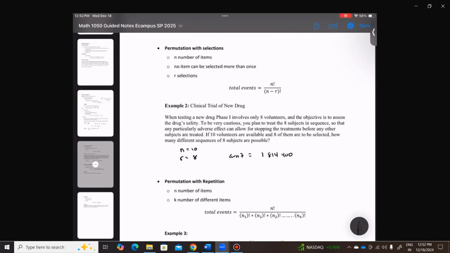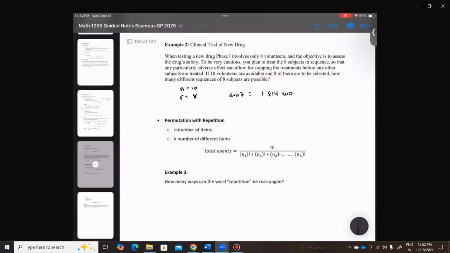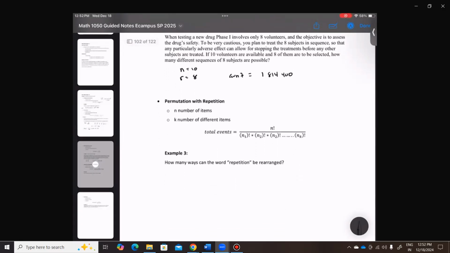And so the probability of one specific order being obtained is 1 over that. All right, we do have permutations with repetitions here, where a number of items are selected and not all items are the same, so there are k different items.